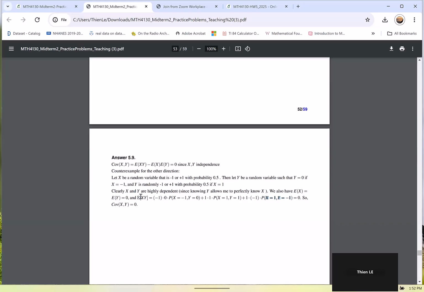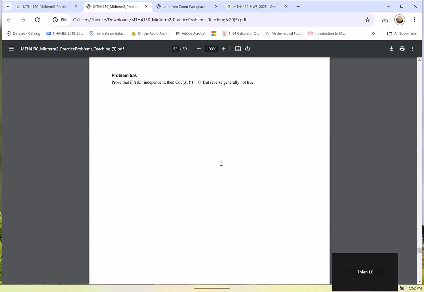You plug in XY here, and with the probabilities distributed like that, you get 0. So in this case, you see clearly the covariance is 0. But they are dependent. Which means the other direction is not true.